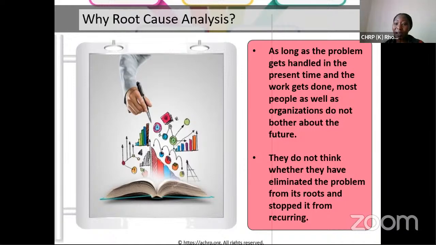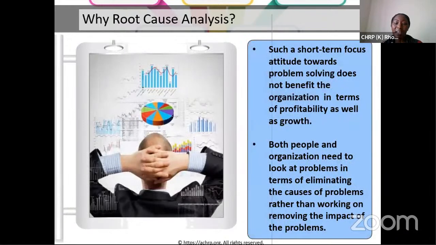And they don't think whether they have eliminated the problem from its root and stopped it from recurring again. So we keep on having these recurrences. Such short-term focuses normally are very expensive, and they affect maybe the profitability and also the growth of the organization, because they are not able to run efficiently and effectively as we would have desired.